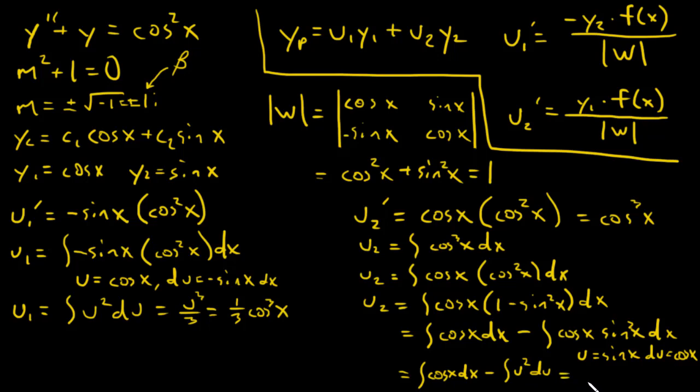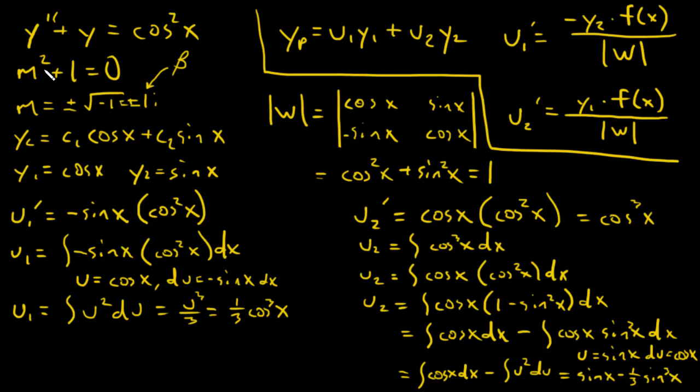The integral of cosine x is sine x, and this is going to be 1/3 u cubed. Oh, that's a minus sign. Don't worry, you don't want to mess that up. Minus sign. So 1/3 sine cubed x. Alrighty, so that's my u2.